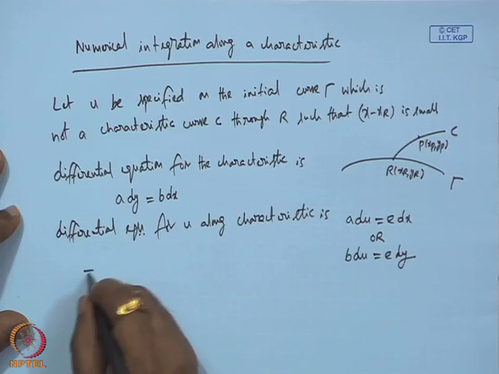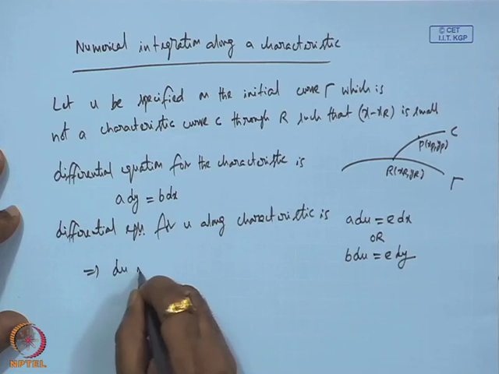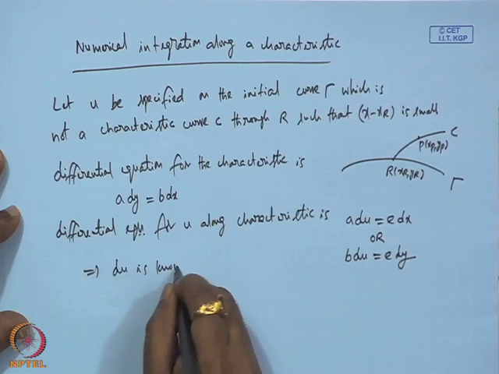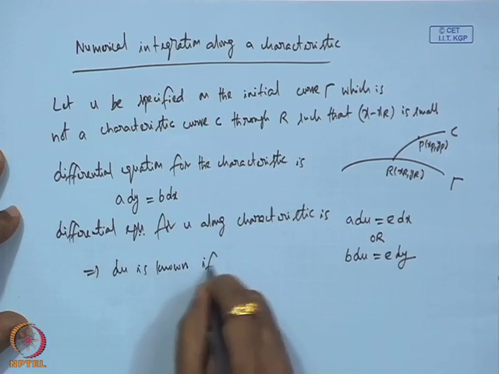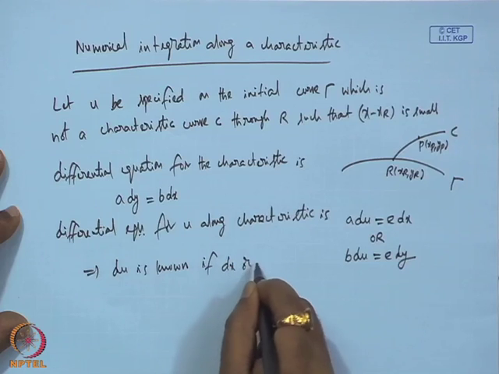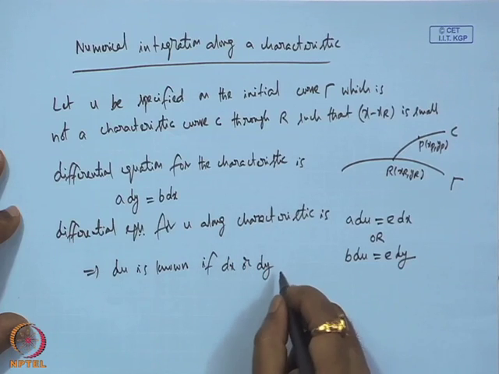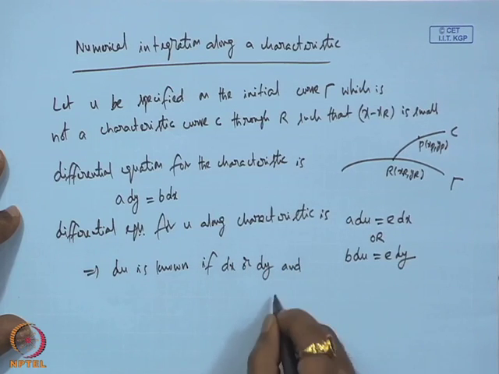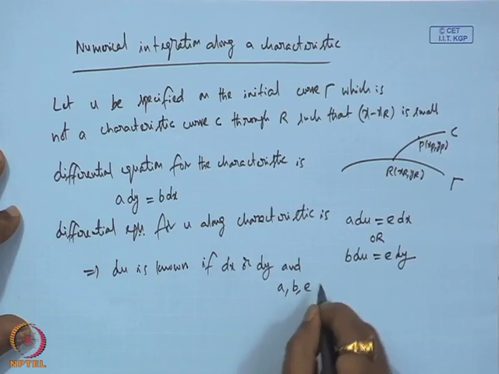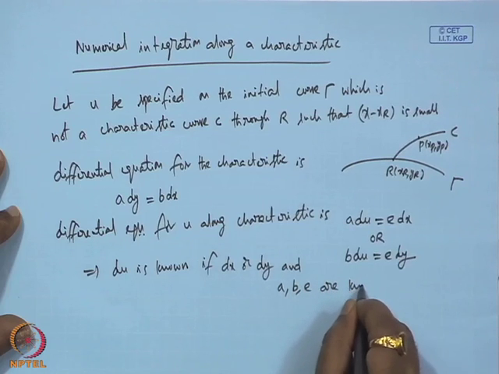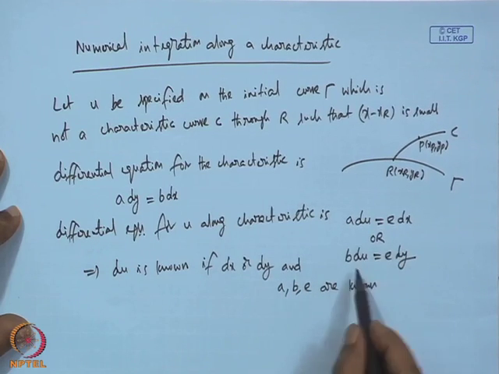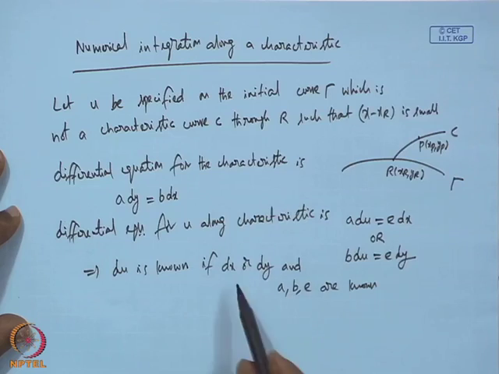So, this implies du is known if dx or dy and A, B, E are known. Analytically also we have seen this.